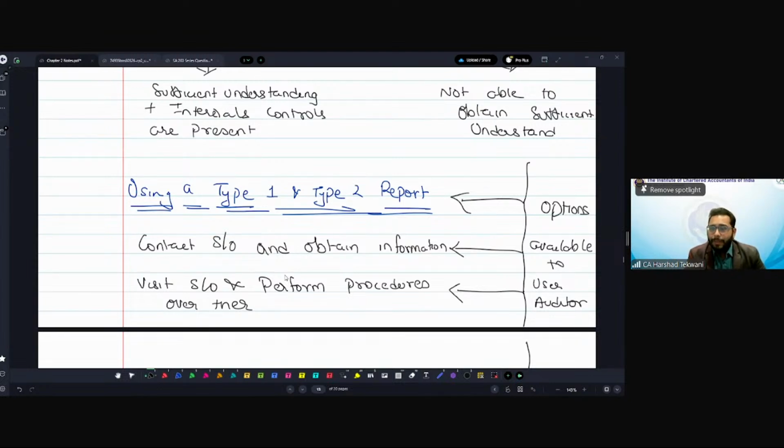Let's say tomorrow XYZ Private Limited says, we do not entertain. I'll give you one hypothetical example. XYZ is not providing services to only one entity, there are multiple such user entities to whom they are providing the service. Now, if every entity's auditor requests, allow me, how many auditors' requests will they accommodate?